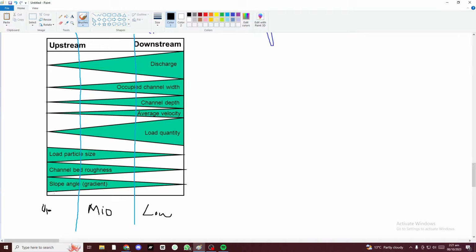Let me start at the bottom here. So upstream in the river, this is normally in mountains and hills. It's very rocky and it's very steep. So the gradient in the upper course of a river upstream is very, very steep.